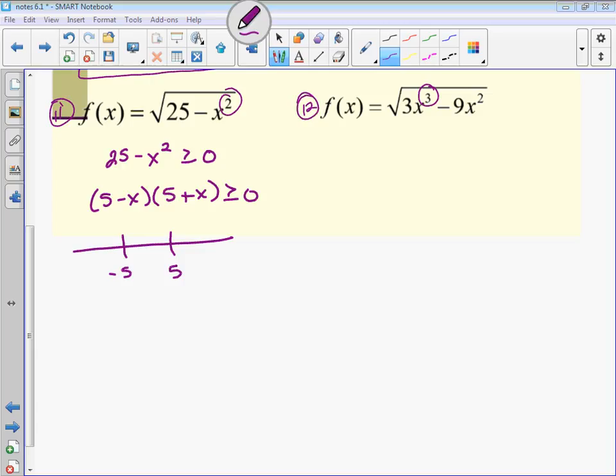Middle is correct, yes. So if you plug in like negative 6, you'd have positive times negative, which is negative. 0. Positive, positive, positive. Positive, negative. These are included. So your answer should have been bracket negative 5, 5, bracket.